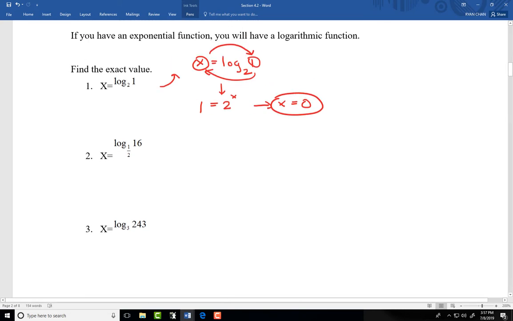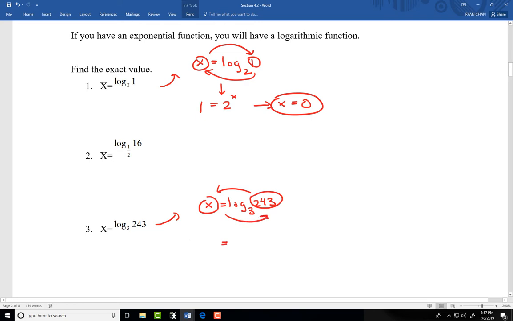Let's look at number 3. Same thing. I'm going to rewrite this because I know this looks a little funny in the typed version. I'm going to swap and switch my items once again. Remember, the base never switches. So what does this look like?